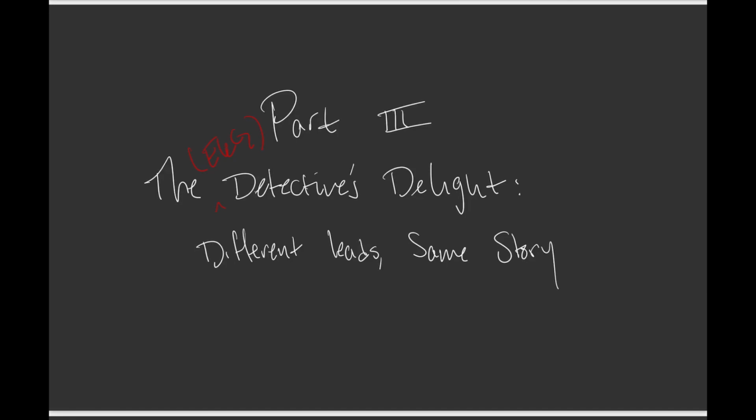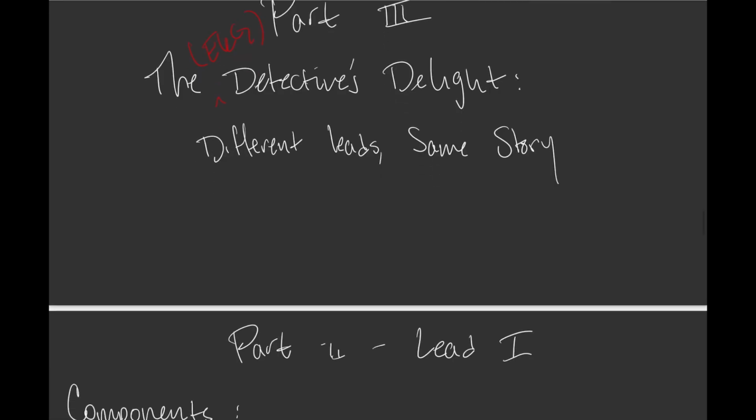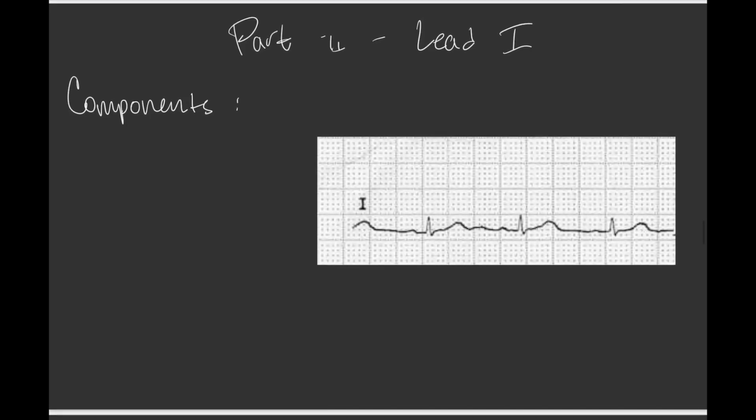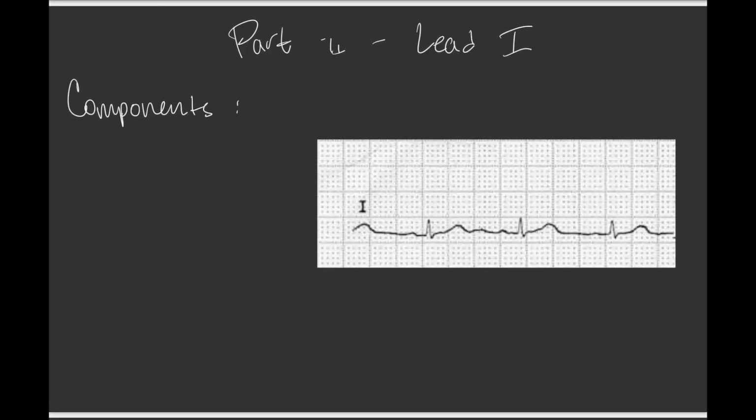And so now we're going to investigate how each different lead in a 12 lead looks different, but they're all telling us the same story. So in lead 1, we see that it's typically all positive. And what I mean by that is the P wave is positive. It's a positive deflection above the baseline. The QRS complex is net positive above the baseline.